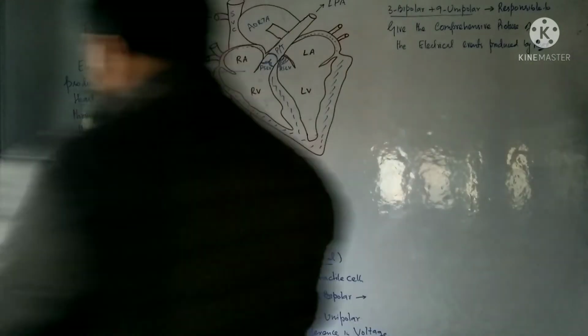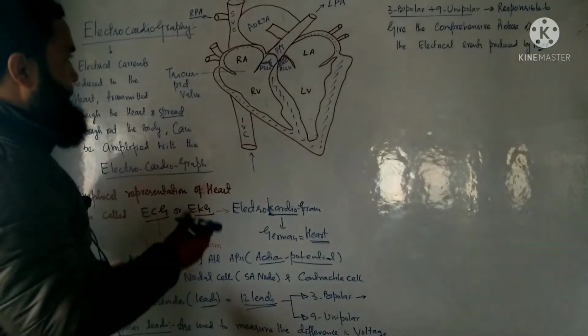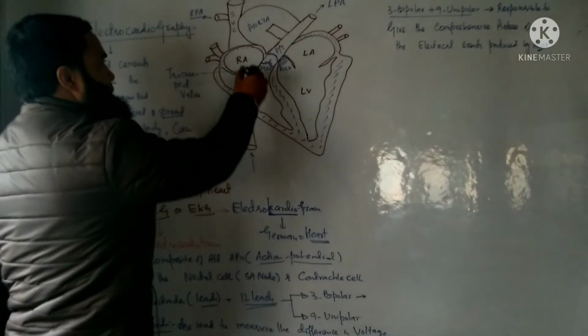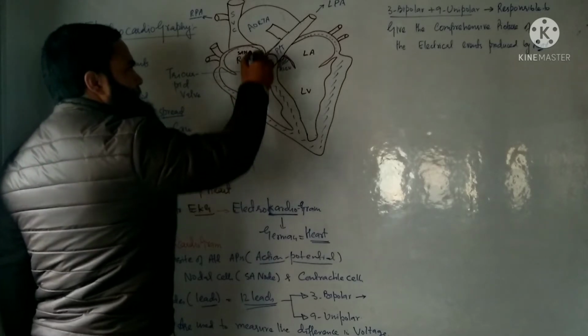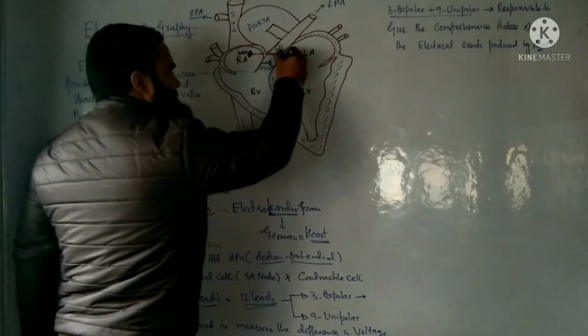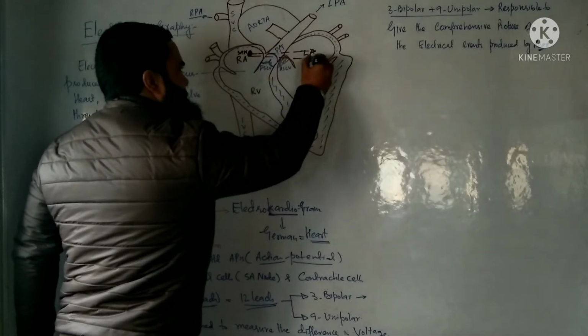I'll mention here the spread of information from the SA node. This is the SA node that spreads the electrical events towards the atria.